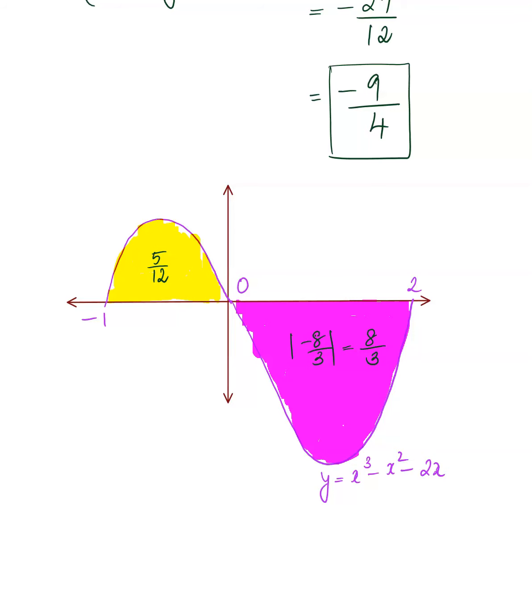Total area is always positive, doesn't matter if it's above or below the x-axis, but net signed area could be 0 or negative depending on which side was heavier. Like in this case, the pink portion was heavier than the yellow portion, and that's the reason why the net signed area collectively gave us a negative answer. And so it's useful in those kinds of things where it gives you that information.